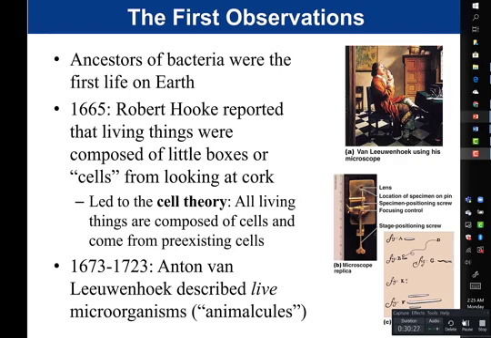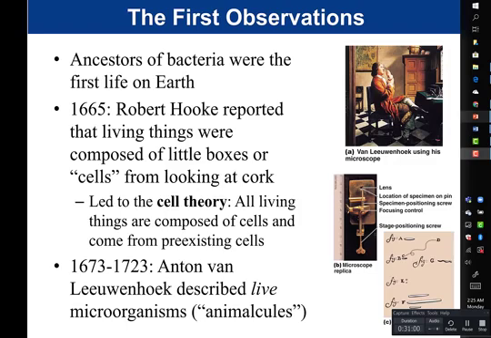Now, Anton van Leeuwenhoek, 1673 and 1723, was the first to describe living microorganisms, what he called animalcules, little animals. And so what he did was he looked at different specimens like rainwater, feces, scrapings from teeth, and basically he did this using this primitive microscope that you see here.